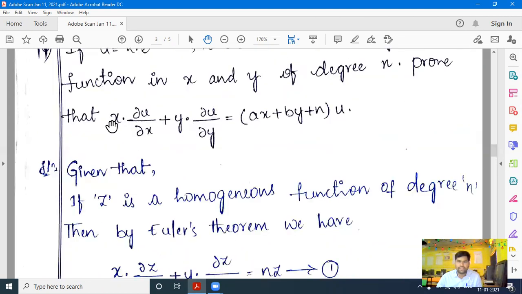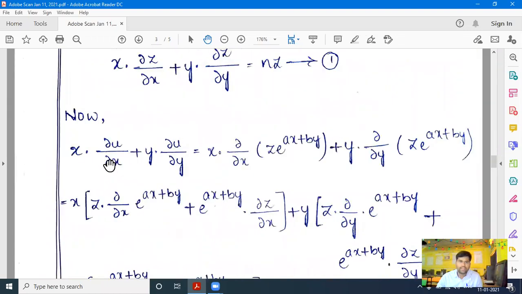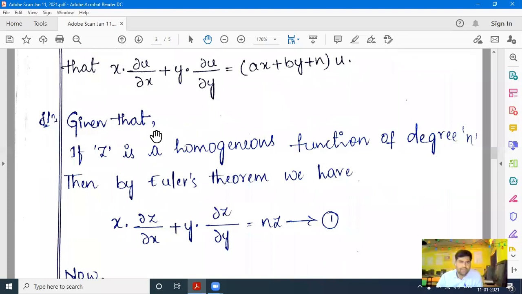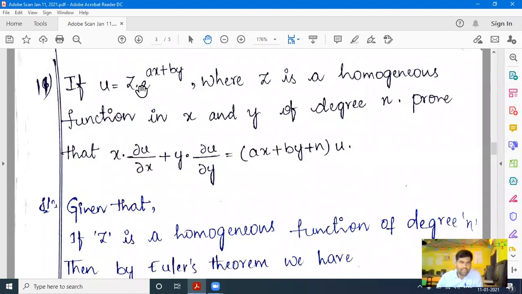so you have to prove that x into dou u by dou x plus y into dou u by dou y is equal to, okay, directly we are calculating here. So x into dou by dou x of u, what they have given, u is equal to z into e power of ax plus by.